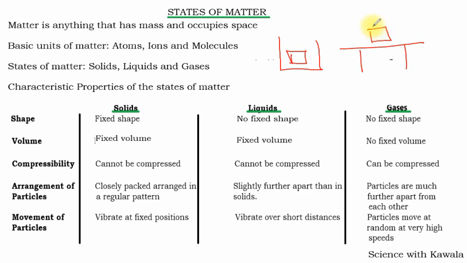The glass block will not change its shape based on the container in which it's placed or the object on which it's placed. It will still maintain its shape unless you break it into smaller fragments. And even if you break it into smaller fragments, you will find that the arrangement of particles will be in a consistent pattern. So that's what we mean when we say solids have a fixed shape.